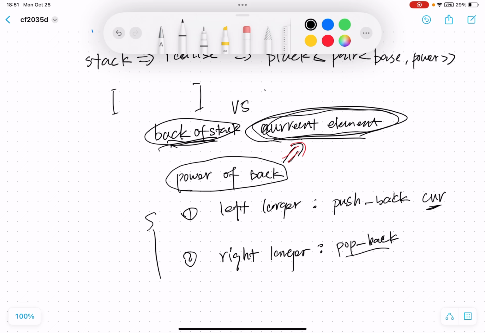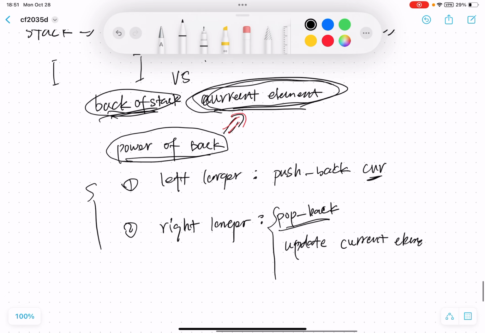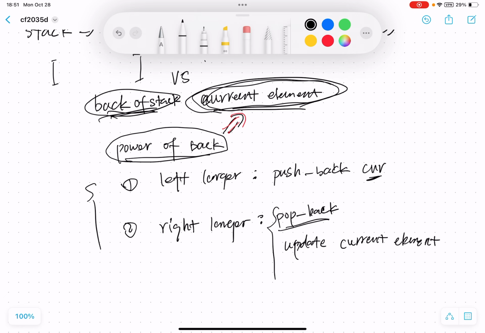Actually, we need to multiply the power of back into the current element. So we need to pop back and update the current element.